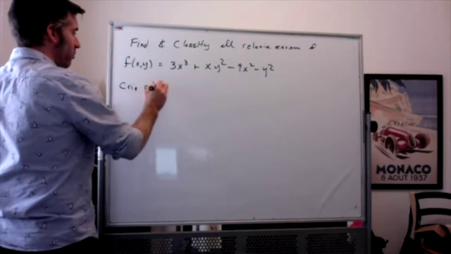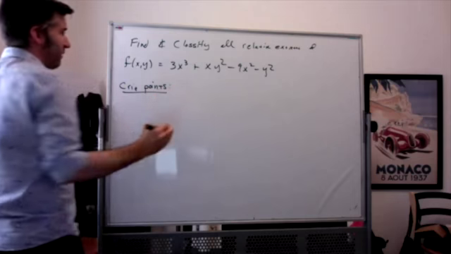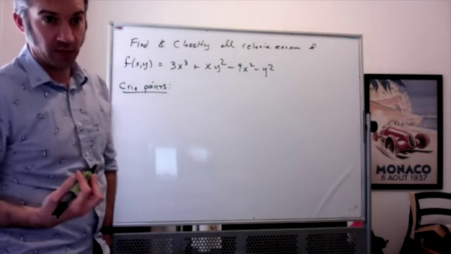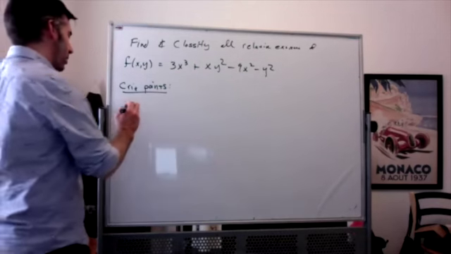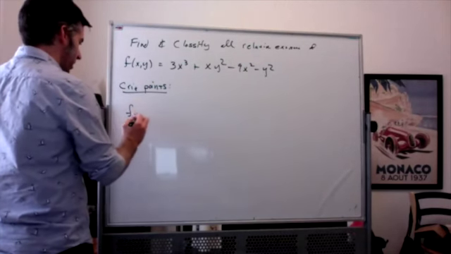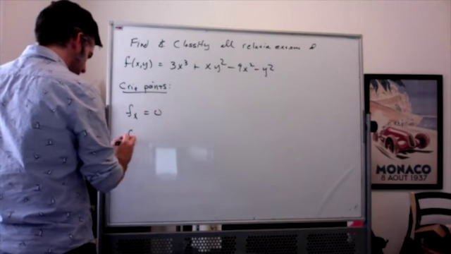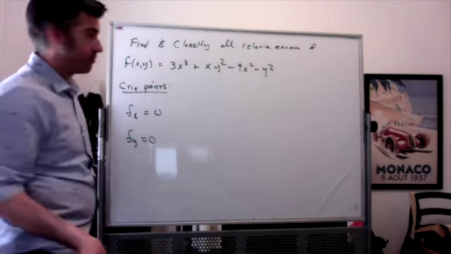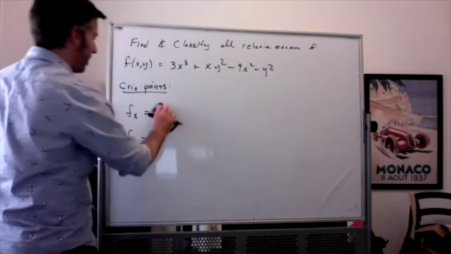To find the critical points, you're going to find where both partial derivatives are simultaneously equal to 0, meaning a point that satisfies both fx equal to 0 and fy equal to 0 for the same x and y coordinate. All right, so let's find fx.